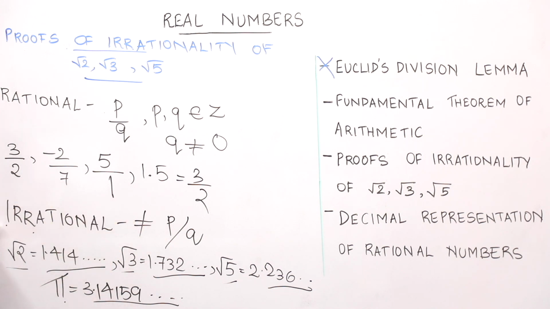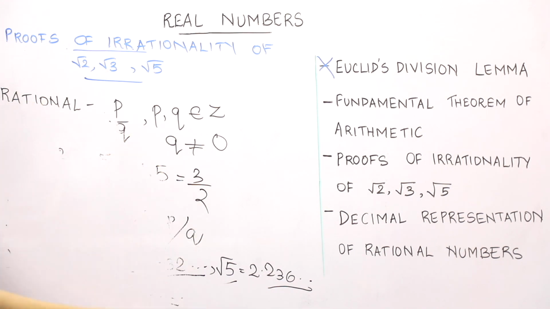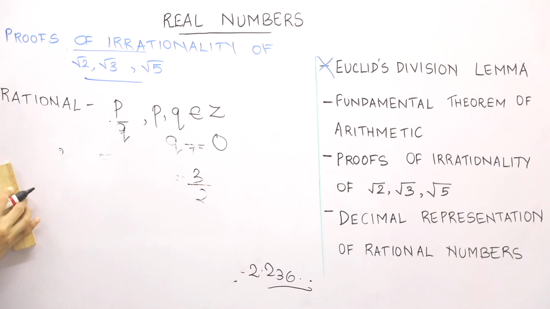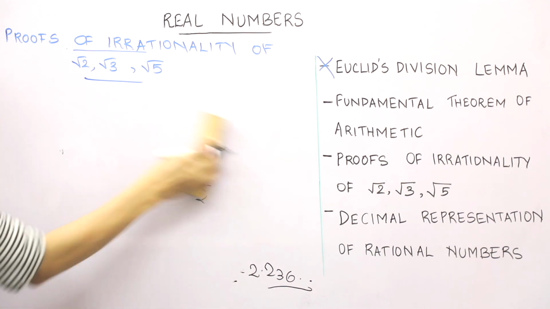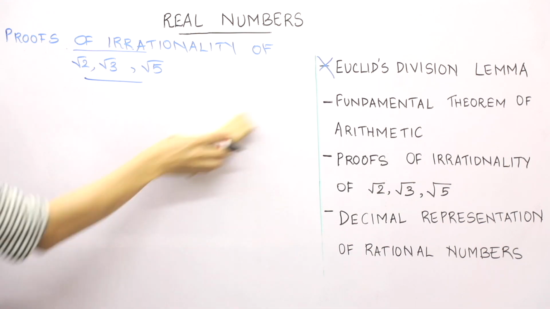When you express it in the decimal representation, irrational numbers will have non-terminating, non-repeating decimals. So now that we've understood why root 2, root 3 and root 5 are irrational, let us move on to the proofs of irrationality of root 2, root 3 and root 5.